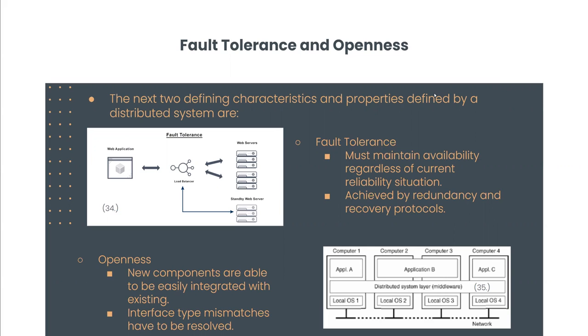So if there's some kind of error or anything that makes the system either go down or unable to access, it provides availability, and it's achieved by redundancy and recovery protocols. Openness is the ease of integration with new components and dealing with any interface type mismatches that occur.